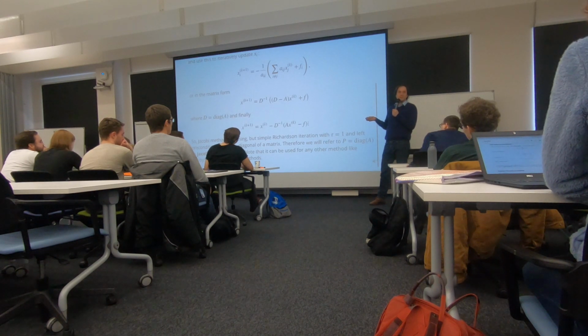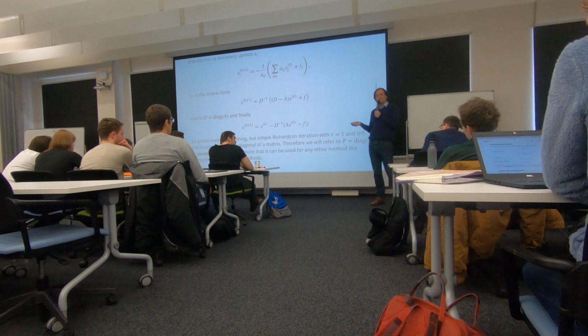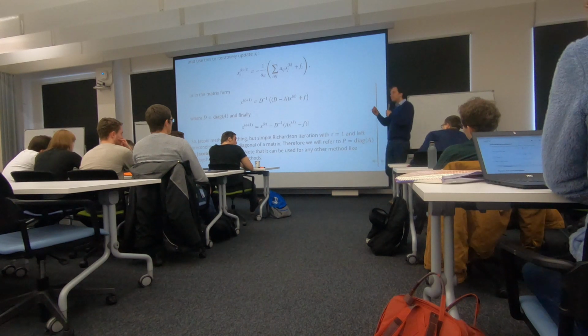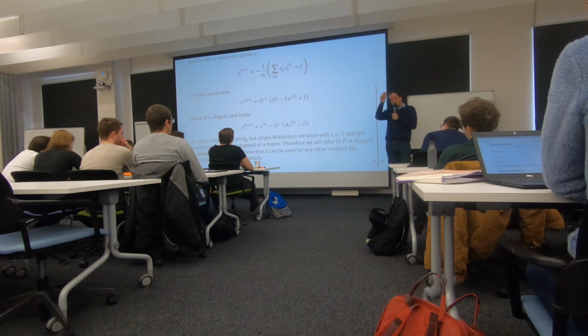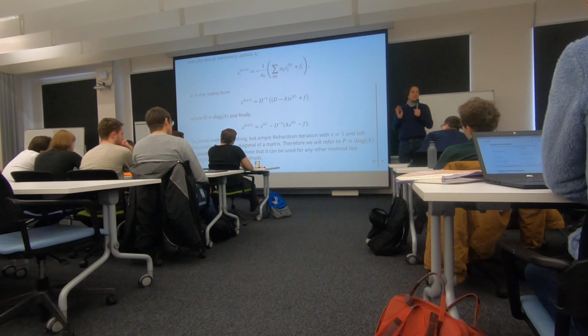Then it will be just the identity matrix, that will be a Richardson iteration, and we know everything about the convergence of the Richardson iteration. But if you have, for example, a matrix that has different scales of values on the diagonal, some large, some small, this simple method might work, actually.